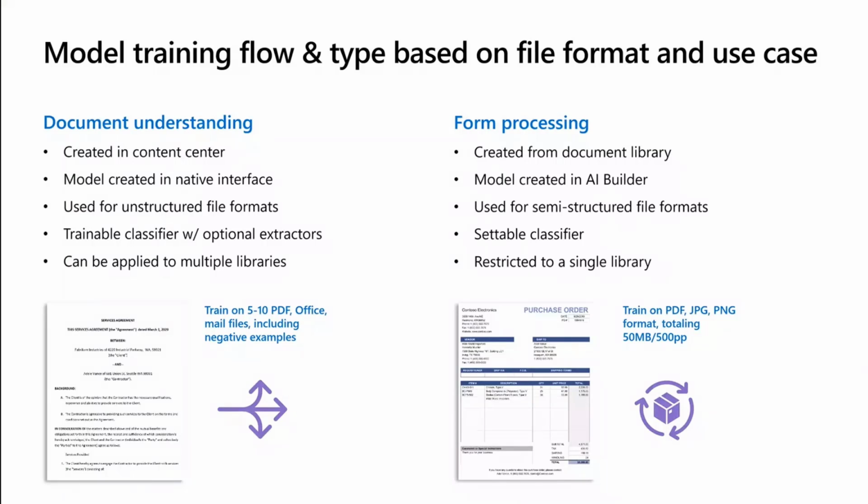And that one works specifically on PDFs, JPEGs and PNGs. You can use scanned files to train those models. People have asked what the timeline is for support for, say, Word and other types of Office formats there. It's something the AI Builder team is looking at, but not available at this time.